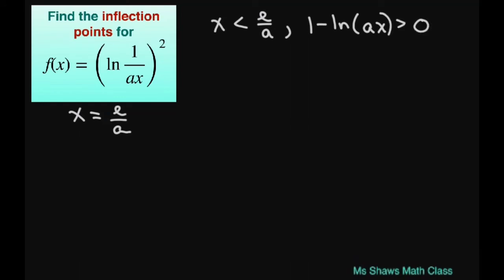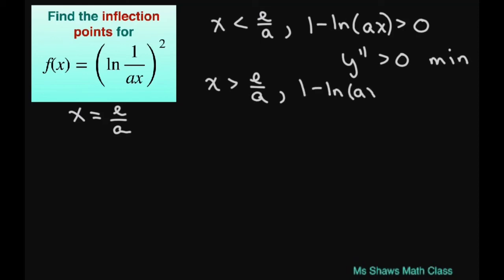So that means our second derivative is positive. When that happens, that means we're going to have a minimum value. And when x is greater than e divided by a, that means we're going to have 1 minus ln of ax is negative. And so that's going to give you your maximum.